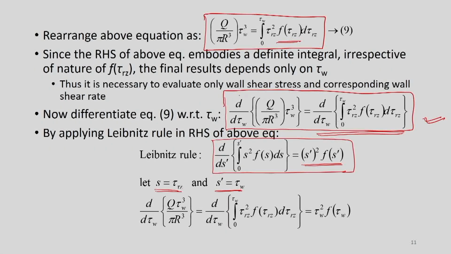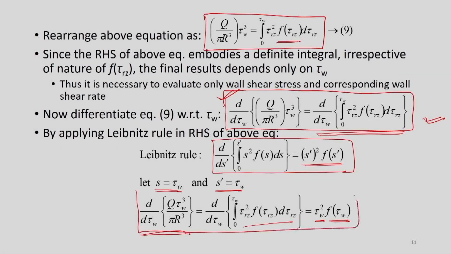So, the left hand side of this equation will remain as it is. In the right hand side, in place of d by d tau w of the integral of tau rz square f of tau rz d tau rz, we can write tau w square, that is s prime square, and then f of tau w, that is f of s prime.